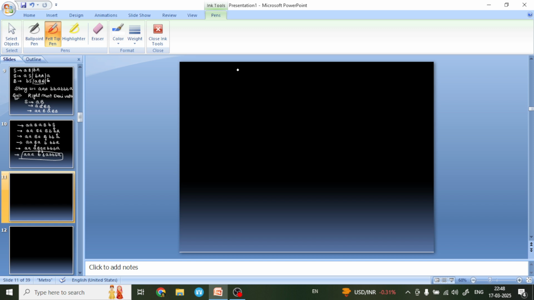Now solve it by tree. Rightmost derivation tree.